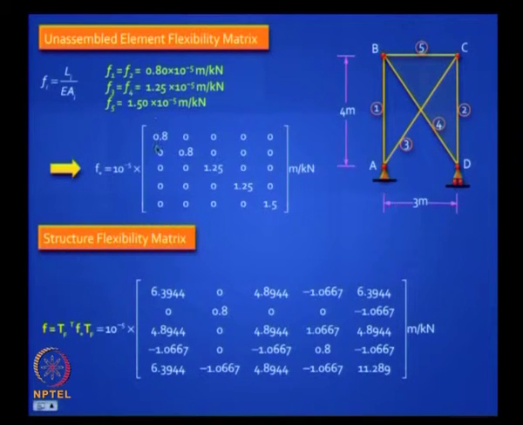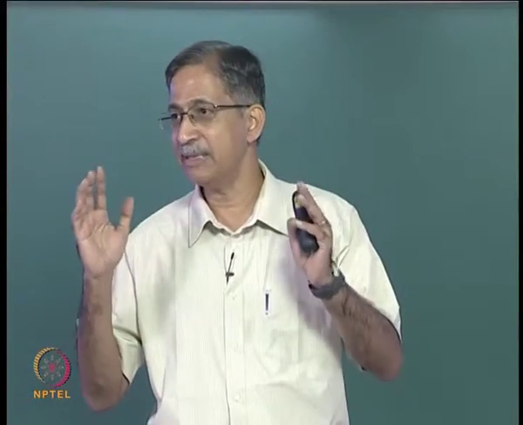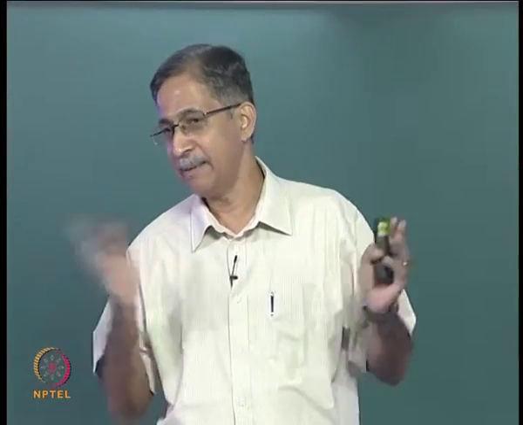So just this is F1, this is F2, this is F3, this is F4 and this is F5, that is your F star matrix, clear. 10 raised to minus 5, always avoid putting too many decimals inside your matrix, take it out, okay, otherwise you will run into errors. So keep the significant figures inside your matrix and keep out the 10 raised to minus 5 or plus 5 outside, right.